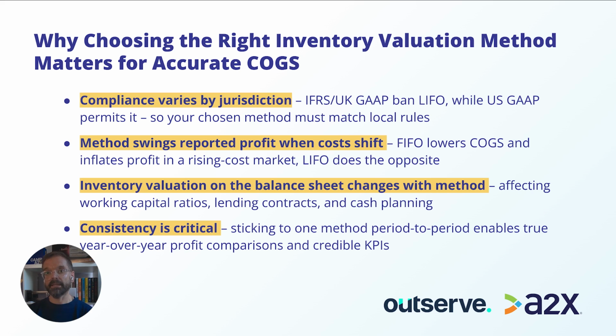So you will appear more profitable and be showing a higher value in stock, and then vice versa the other way around with last in first out. So there's lots of things for businesses to think about in even just the profitability that they will show with the different stock valuation methods.